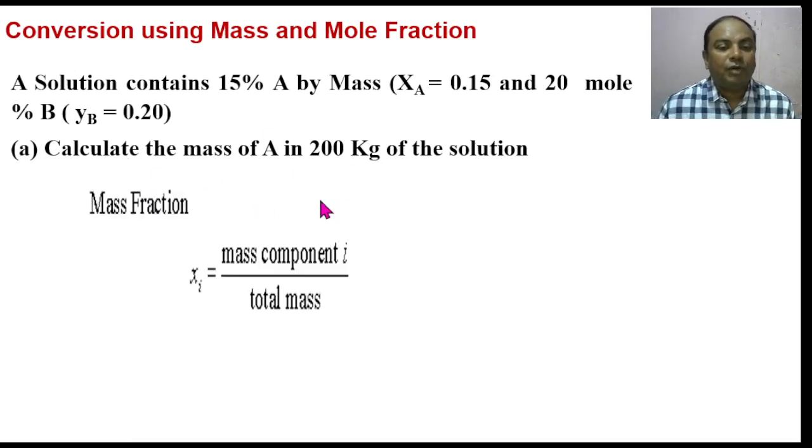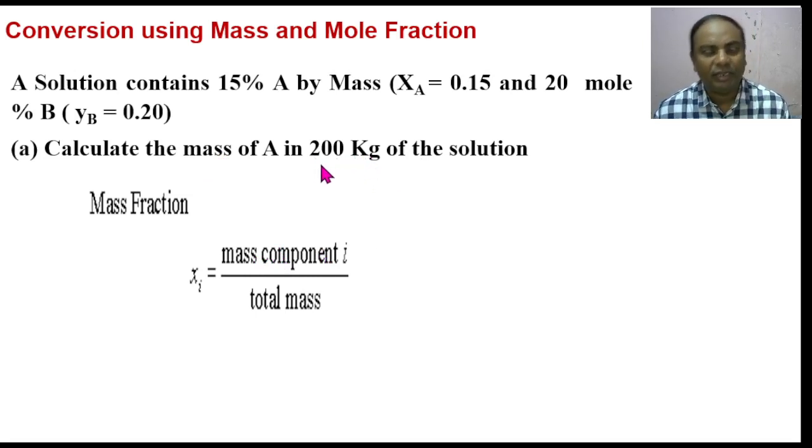So what formula can we use? Mass fraction is equal to mass of component divided by the total mass. You know that mass fraction is given, and we need the mass of A in 200 kg. That means 200 kg is the total mass of the stream that is entering the unit process.